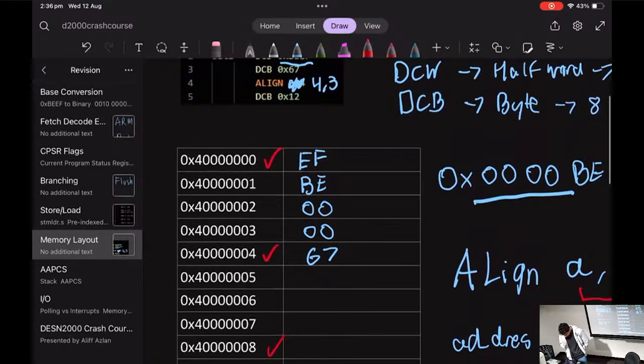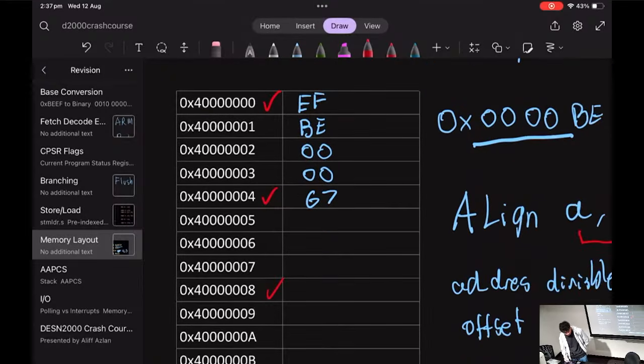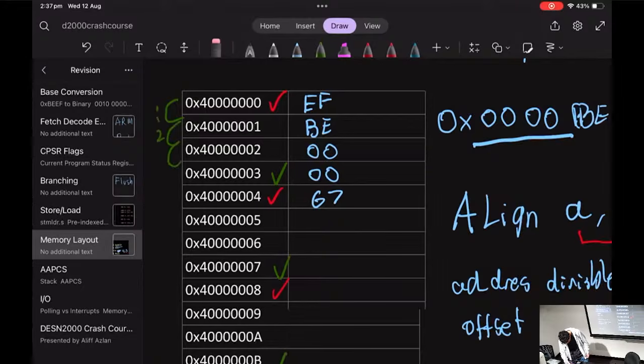So this means we want to offset all of these options by 3. So let's use green. For example, this first one could be a valid address. This one could be a valid address, and this one could be a valid address. Because as you see, I've offset it 1, 2.